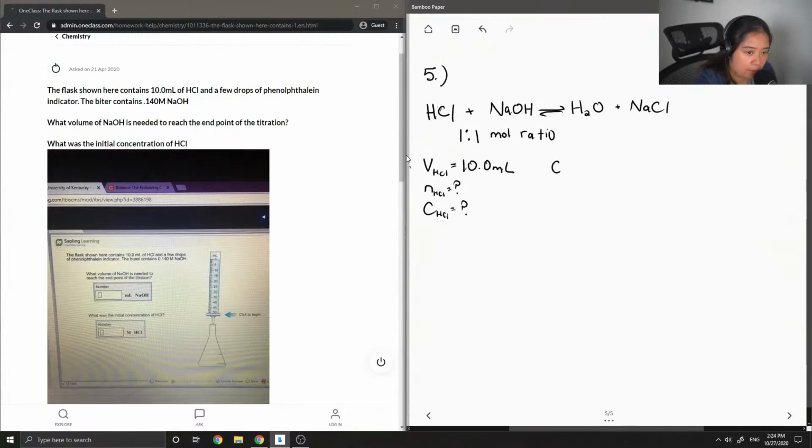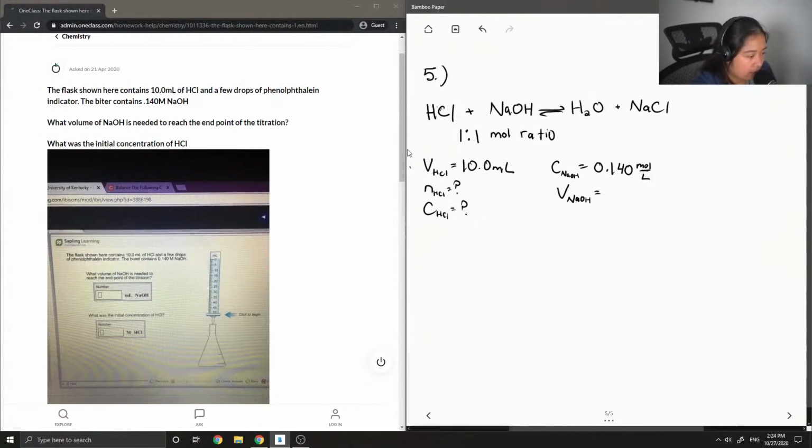We know the concentration of NaOH. They give it as 0.140 moles per liter. And they also give us the volume. Wait, no, they don't.